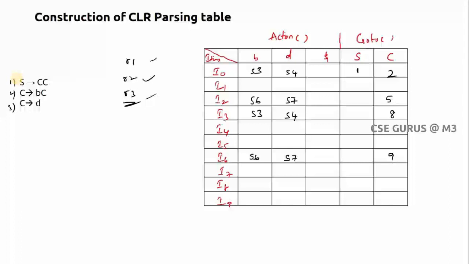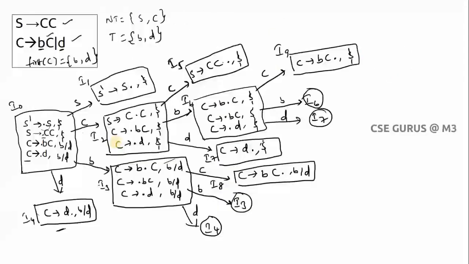Anyway, I'll explain this one, you can see. Listen carefully. R1 means you have to take the first production. So where do I need to write R1 in this table? I require a particular row and a particular column, no? So first of all, I'll take S tends to CC. Check where it is ending. Ending means you have to find S tends to CC dot.